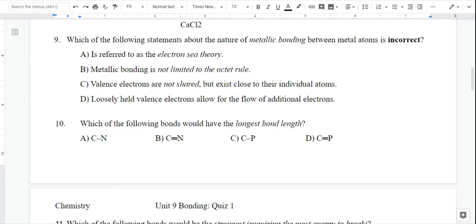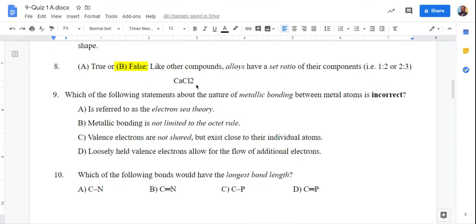Which one is not correct about metallic sea theory? So electron sea theory, that's good. So yes, we called that the electron sea theory, the fact that the electrons can move about. Yes, it's not limited to the octet rule because many metals have those d orbitals, so it's not limited to just the s and p block.